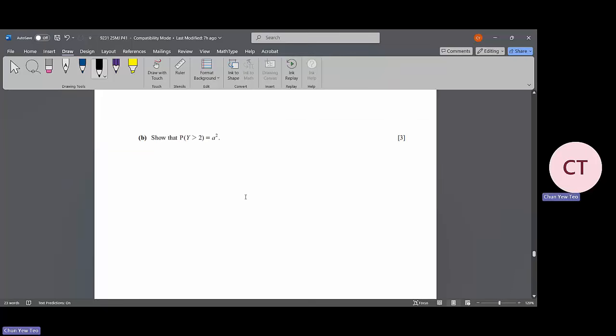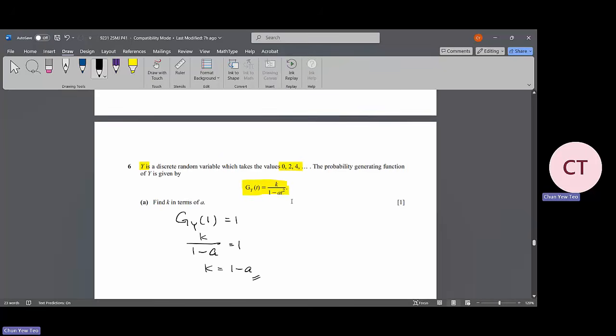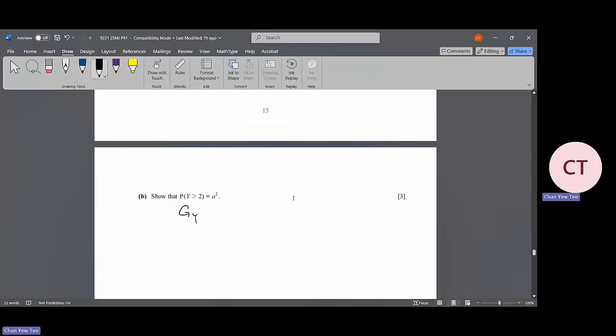Moving on, 6B. We want to show that P(Y greater than 2) is a squared. Okay, so what we need to do is try to find the polynomial of the PGF. So it's k over 1 minus a t squared, to the power of negative 1. We do the binomial expansion.